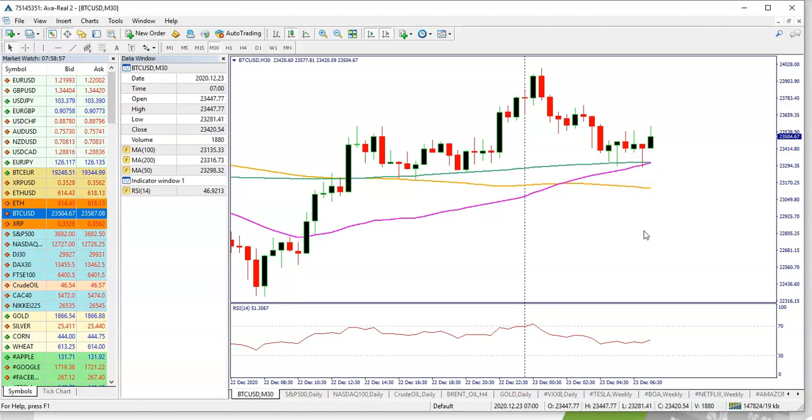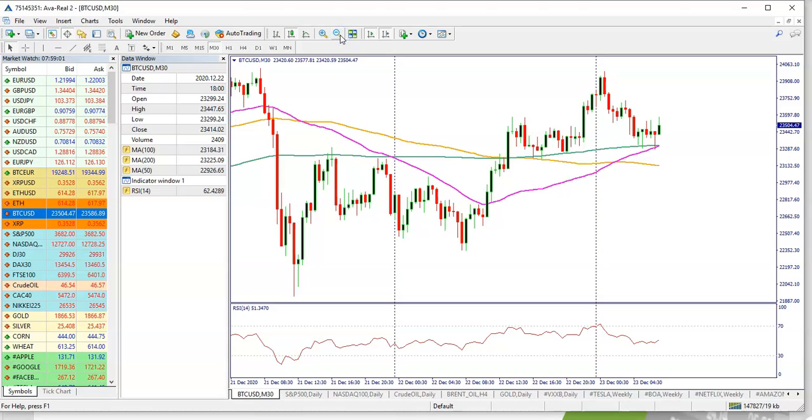Let me explain what I mean by that. Fairly recently, it was over here that the price crossed above the 50-day simple moving average on the 30-minute time frame. Right over here, the price challenged the 50-day simple moving average.